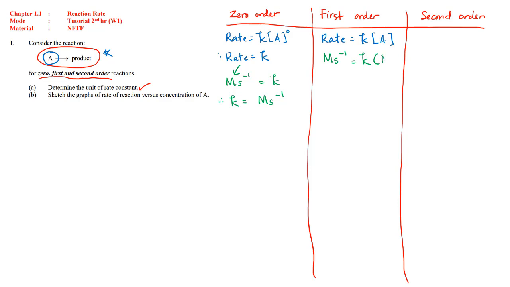Let's say we use molar. So molar is cancelled out. Thus the unit of rate constant for first order is per second. Kalau ianya diukur dalam unit second, boleh jadi dia diukur dalam unit minit dan sebagainya. And same goes to the concentration. It can be measured in molar or mole per decimeter cube unit dia. Okay, so kena bijak di situ.